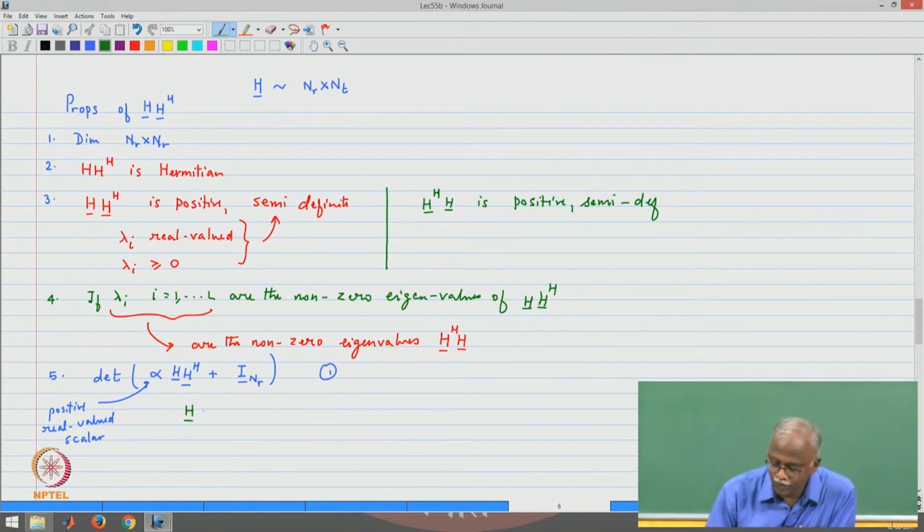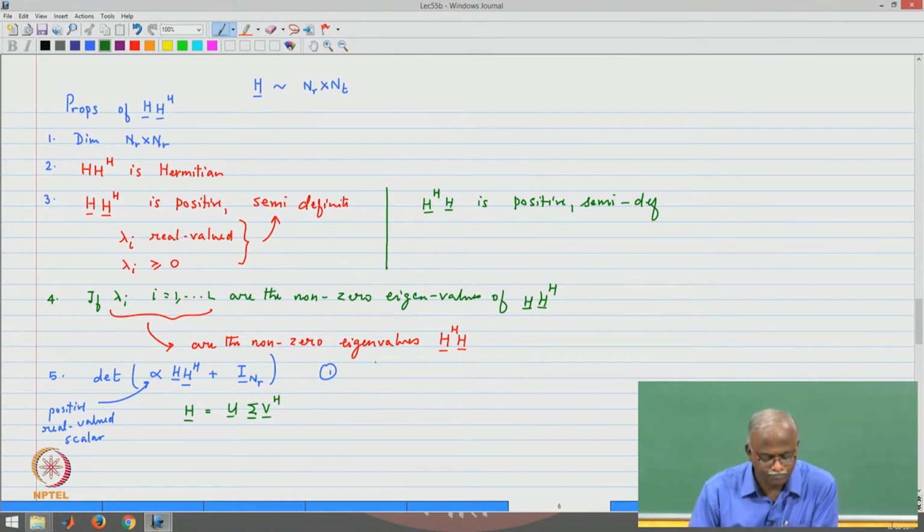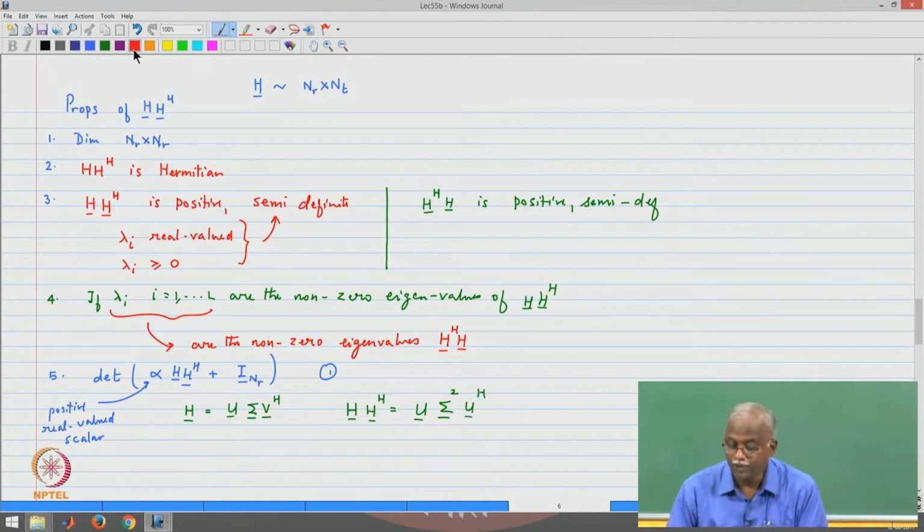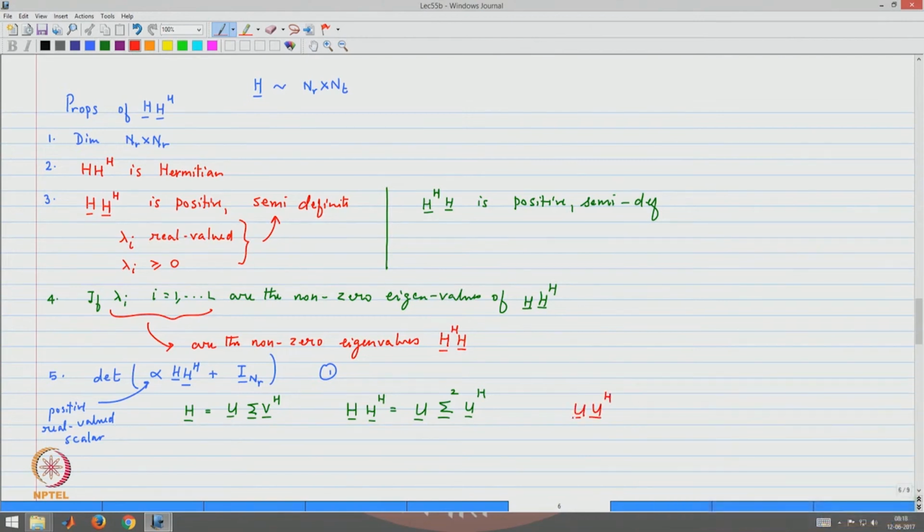So, if you were to write U sigma times V Hermitian, that is the singular value decomposition that we have seen before, then H H Hermitian, if you substitute, will be of the form U times sigma squared times U Hermitian. And we also know from the property of the unitary matrices that U times U Hermitian is the identity matrix, and that will have dimensions NR cross NR.